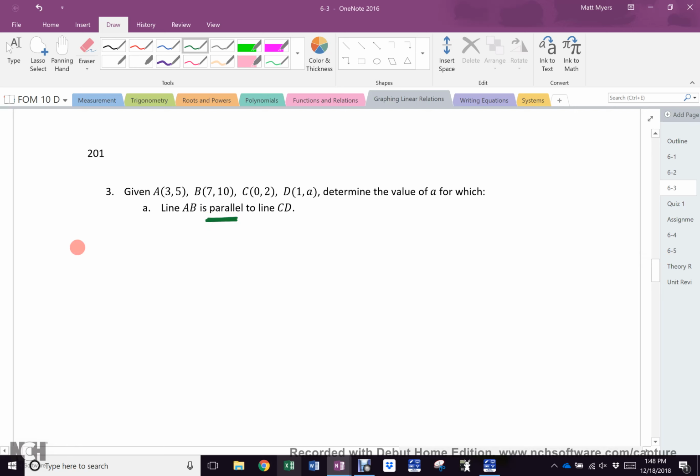What do I do when I have fraction equals fraction? Cross multiply. What's 5 times negative 1? Negative 5. Negative 5 equals. What's 4 times 2? 8 minus what's 4 times A? 4A. Correct?